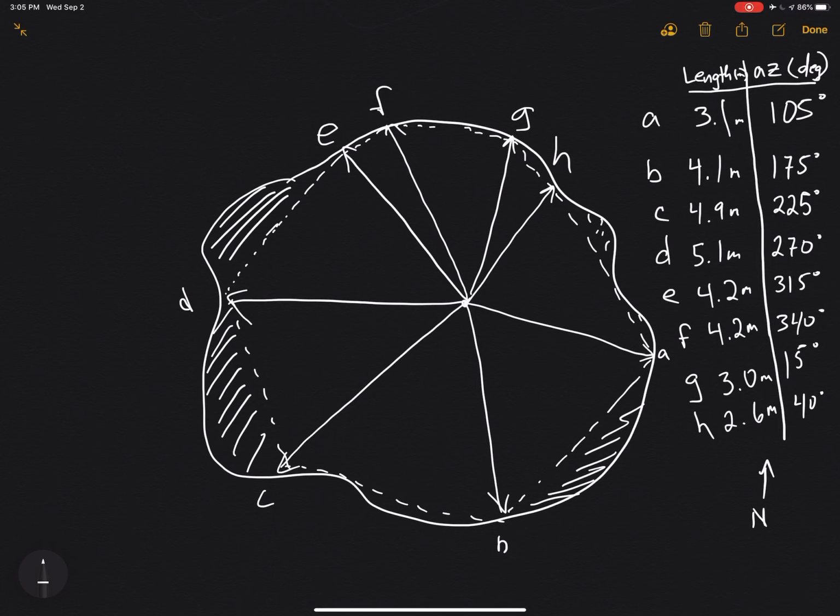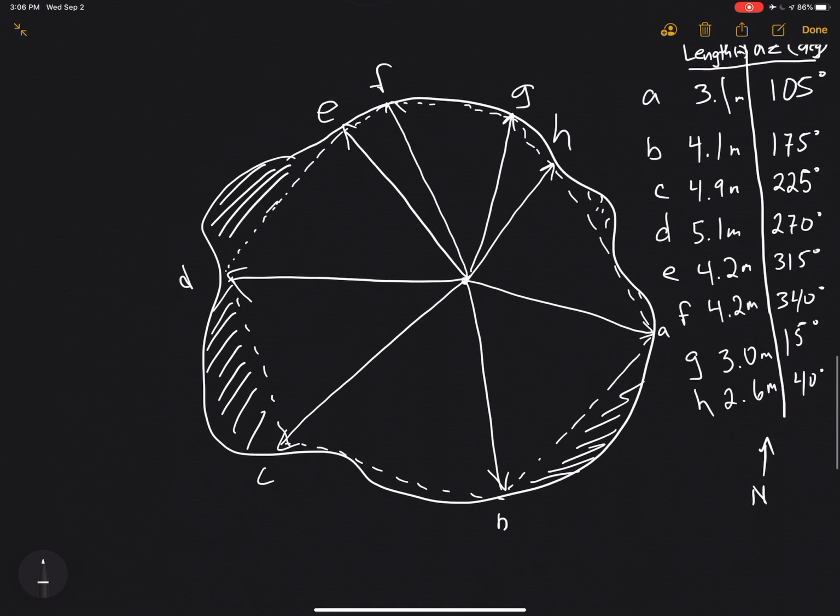Okay, so now we've got a whole bunch of lengths and a whole bunch of directions for these rays, these radii that are pointing out from our arbitrarily chosen point. That's all we need to do on that campsite for this particular kind of data.